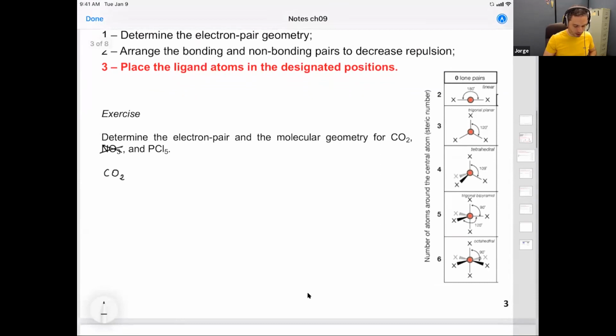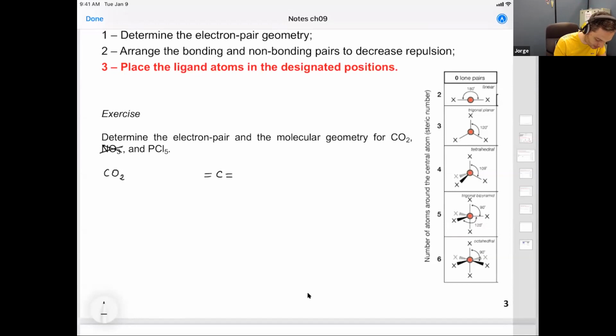Okay, so first step is to draw the Lewis structure. And again, I'm going to tell you this again. This is a course where you cannot compartmentalize the information. Everything you have learned is somehow going to be used again. So CO2, let's tackle here really quick. According to Clark's rule, you have two double bonds or one triple bond and one single bond.